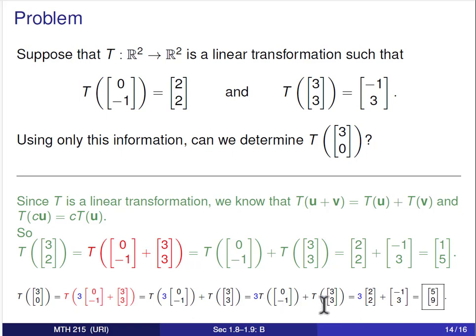Based on what we know about these two input and output values, we can figure out many different output values for many different inputs. In fact, you might realize that this is enough information to figure out what T of any vector in R2 is. You might think about how you could justify that.